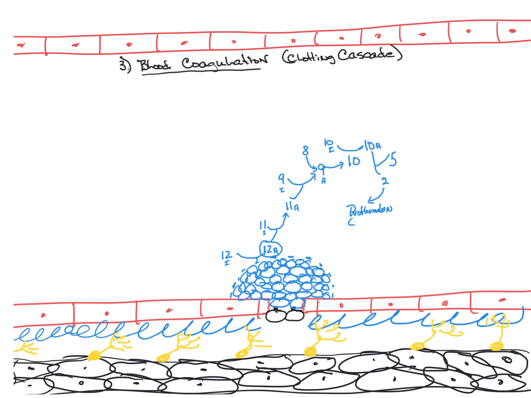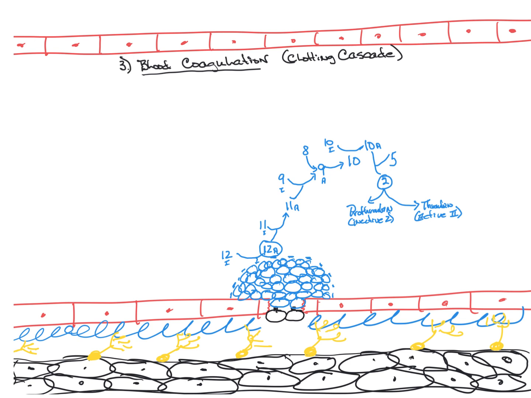Prothrombin is virtually inactive, and it's going to convert to the active form of thrombin. And thrombin is active too. Okay?